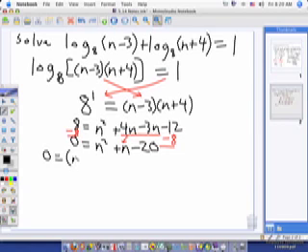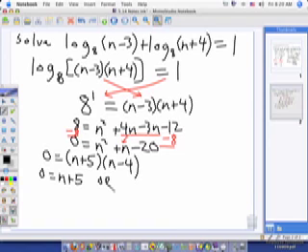Okay, n plus 5 and n minus 4. Okay, so that means 0 equals n plus 5, or 0 equals n minus 4. So negative 5 equals n, or 4 equals n.